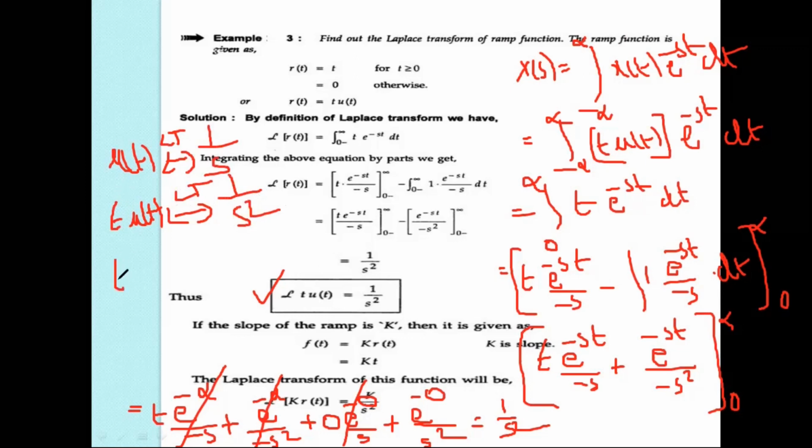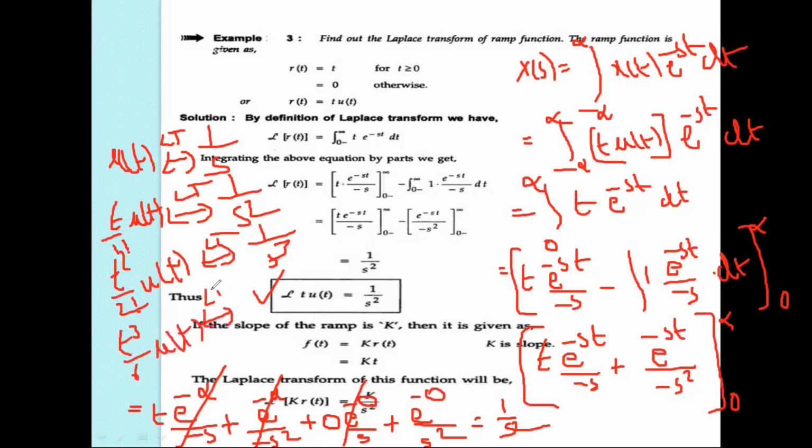The t square by 2 mu of t, the Laplace transformation is 1 by s cube. And t cube, this is a factorial, my dear students. t cube by 3 factorial, nothing but 6, mu of t, the Laplace transformation is 1 by s power 4. And so on.